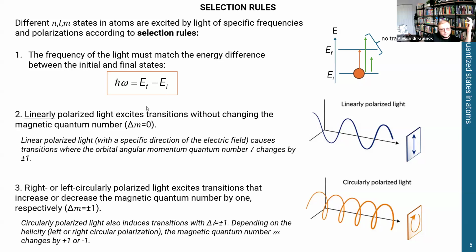Also, the polarization by which the atom is excited, or the polarization of light that is radiated from the atom, is defined by the quantum numbers L and M. For all transitions where there is no change in M, but only L changes, we get linear polarization.